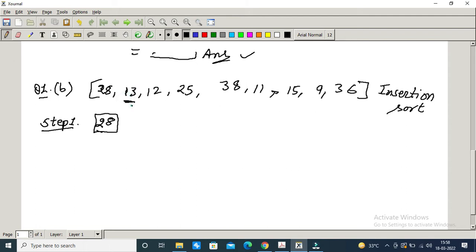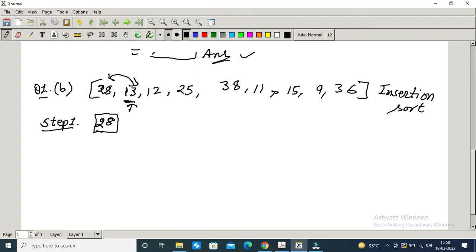Just pick up this number and insert it into its proper place. So we compare 13 to 28, and we find that 13 is less than 28.